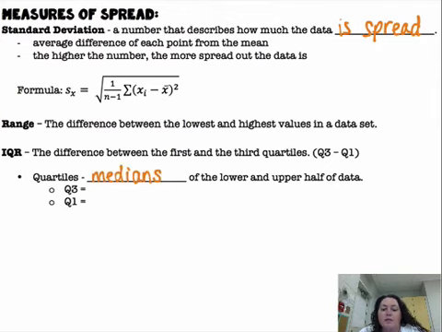Quartiles are the medians of the lower and upper half of the data. Q3 is your upper half, Q1 is your lower half. For standard deviation, we'll do a couple where we actually use the formula and find the standard deviation the long way, but only a couple times, and then I'll show you how to do that in your calculator.